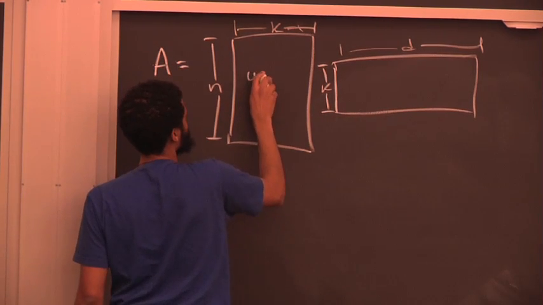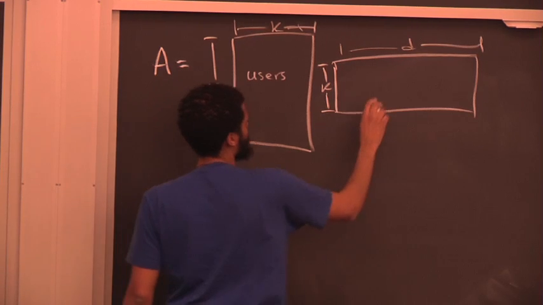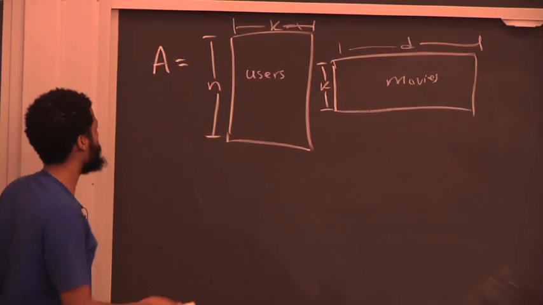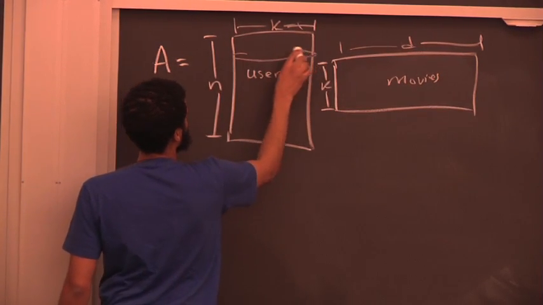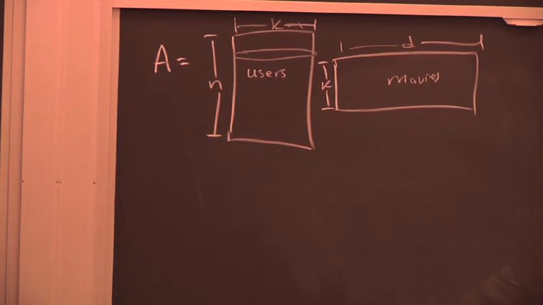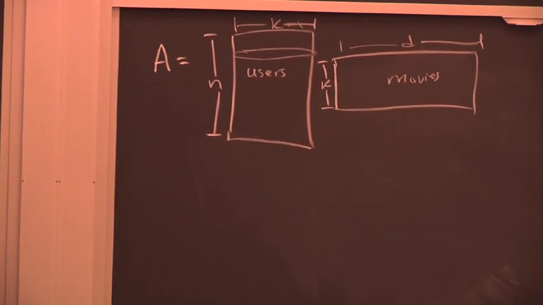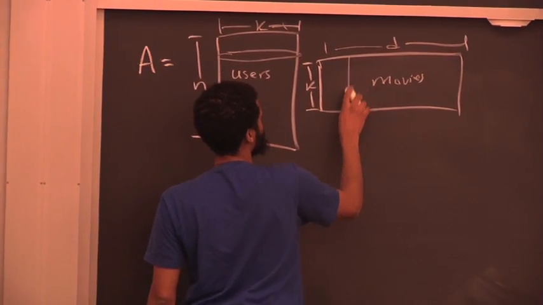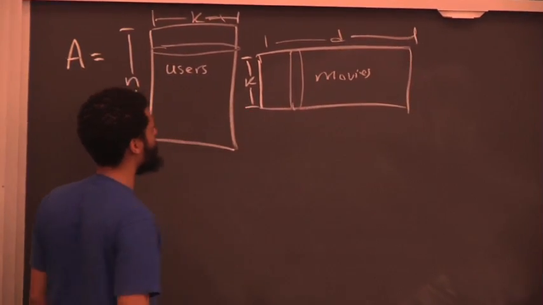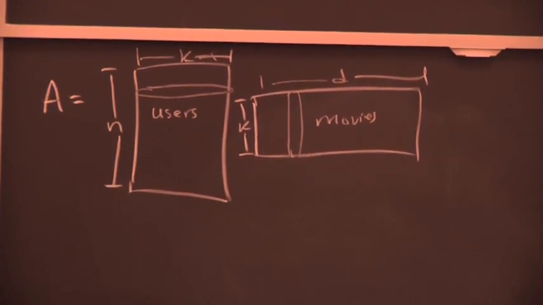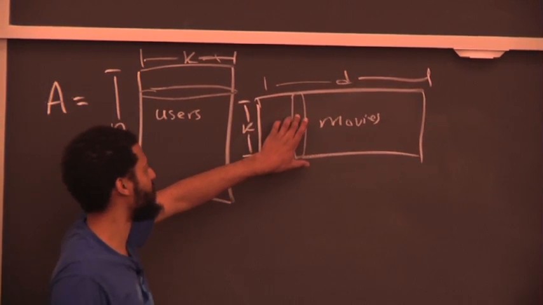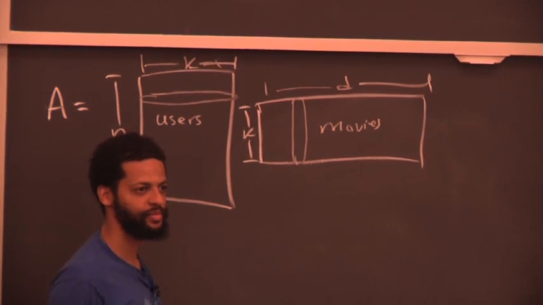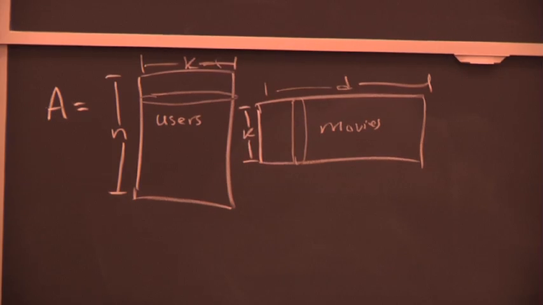And these are users, and these are the movies. Okay. So for each user, there's some linear combination of the basic types. Okay, these hidden types, and each movie also is some kind of combination of these. Each movie can be represented in the basis of these types. Okay. And this is the kind of thing that I want to discover.